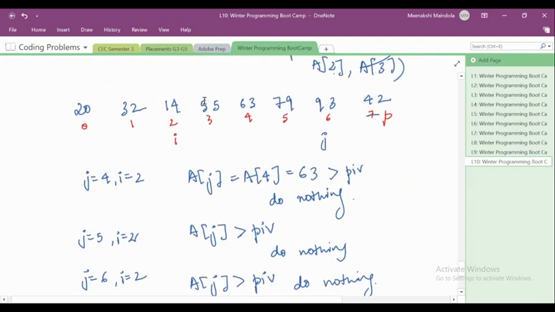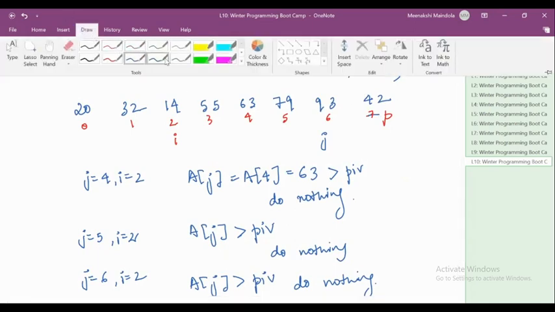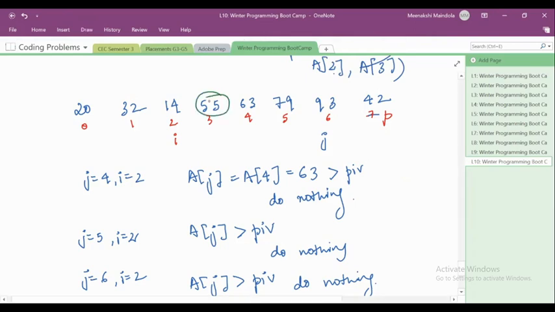A of 3 is 55 and A of 7 is 42. So you are going to swap these two numbers. Once you swap, let us write down what the array looks like after the swap. So you have 20, 32, 14, and in place of 55 you are going to have 42.